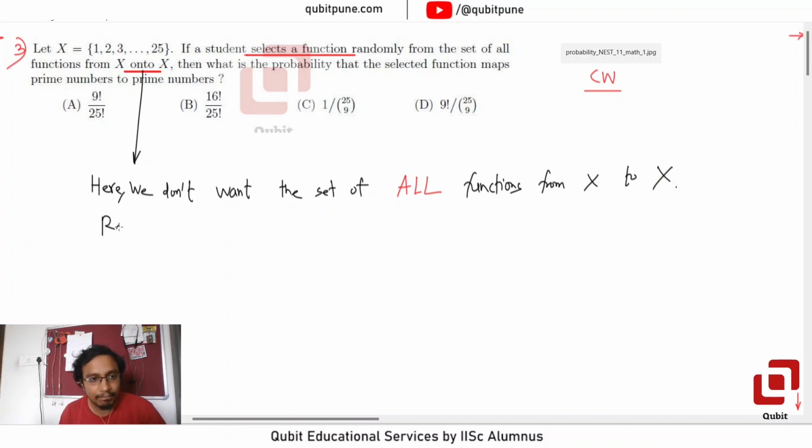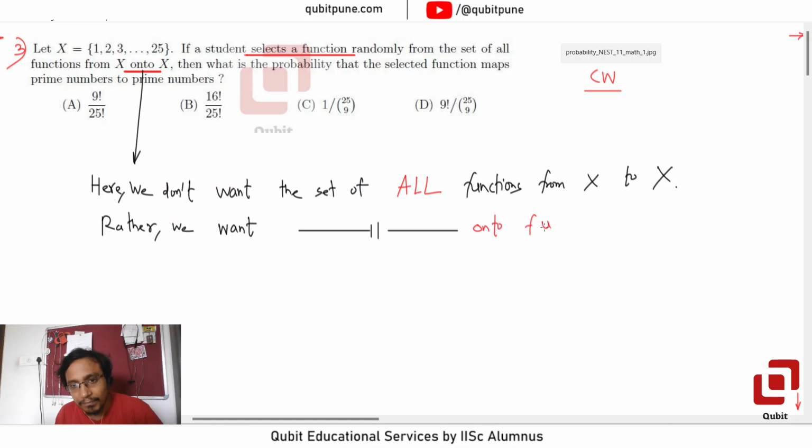Rather, we want the set of all onto functions. मतलब उसके रेंज में भी 1 to 25 ही रहेंगे. So no constant function, no function which has only 2 elements in its range, no function which has 3 or even 24. All 25 should be there. Have you understood this?